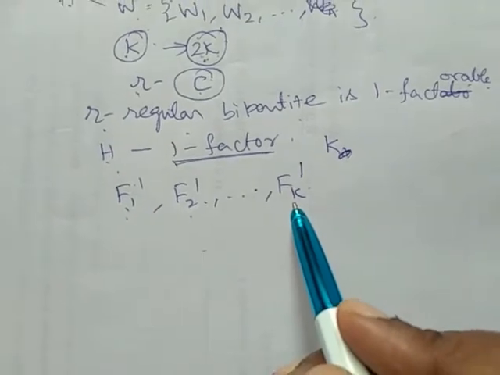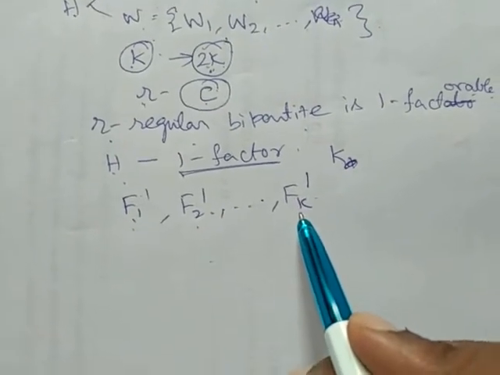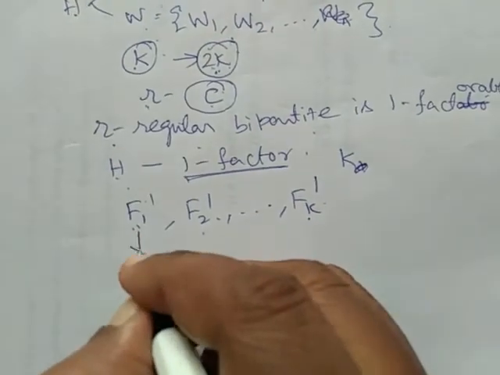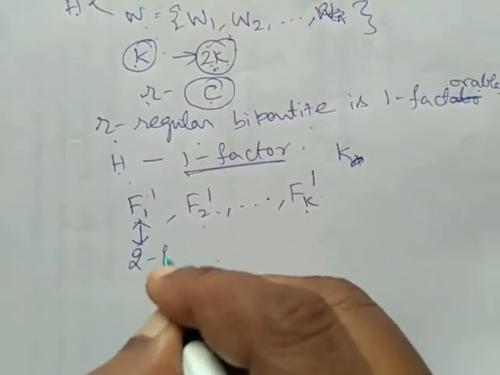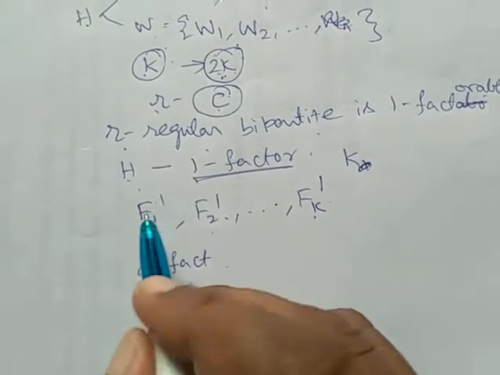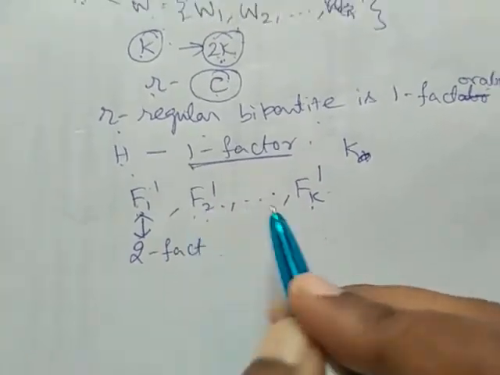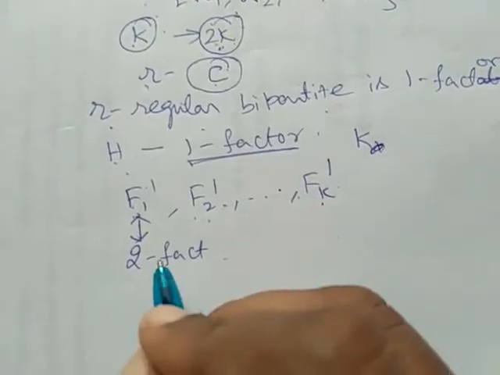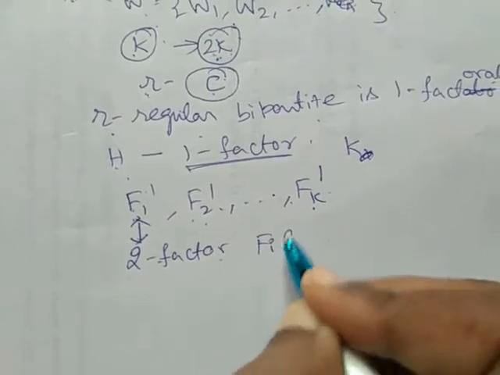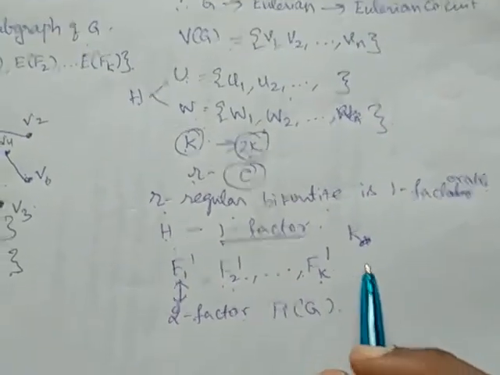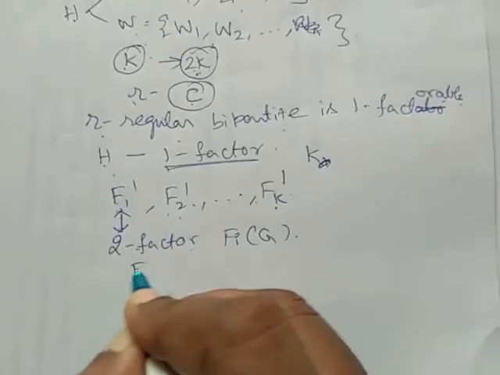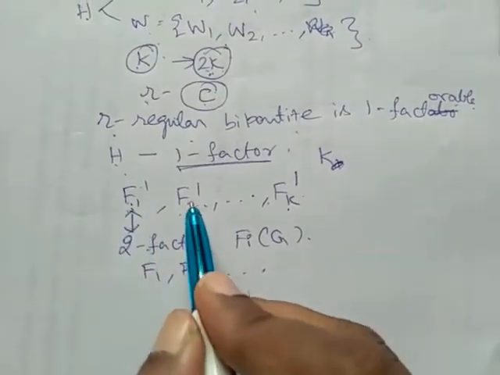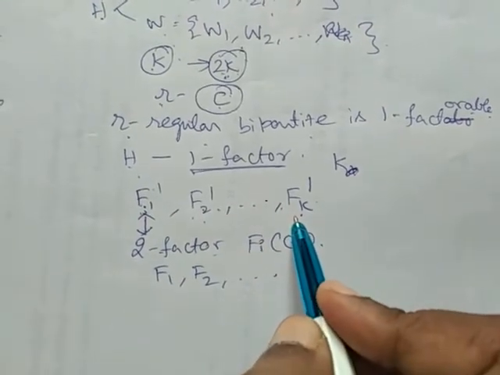Now we show that each one factor of H corresponds to a two factor also. Now we are going to prove that each one factor fi dash of H corresponds to a two factor fi of G. Two factors we consider as f1, f2, etc. One factors we take as f1 dash, f2 dash, etc., fk dash.